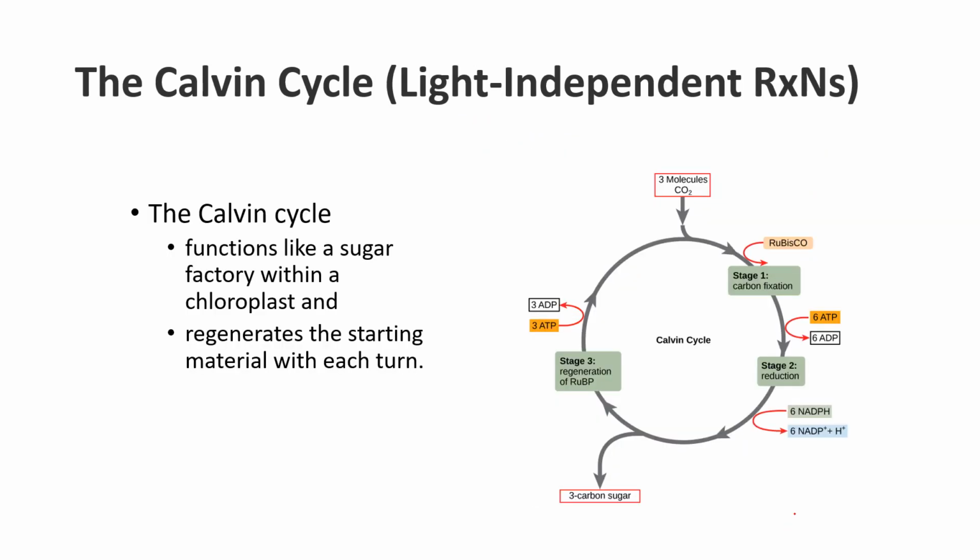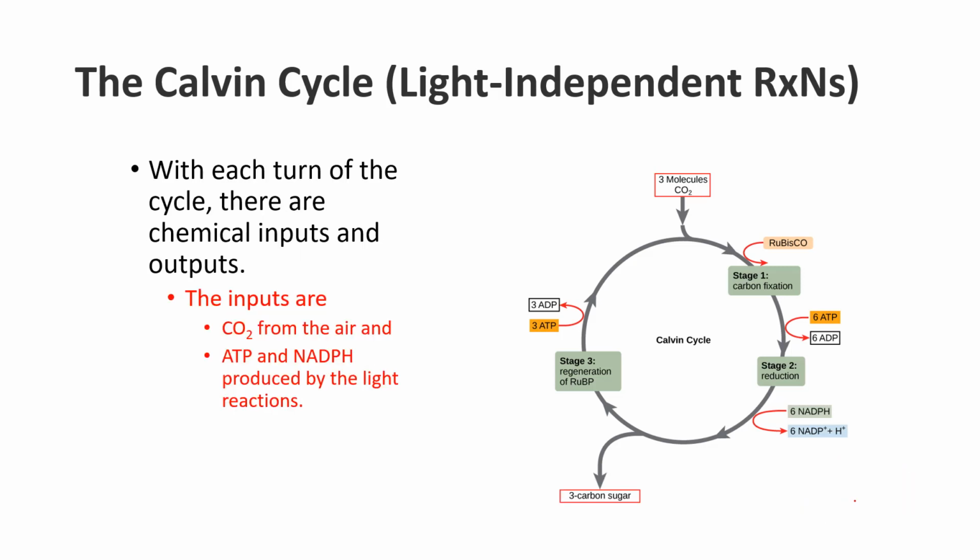The Calvin cycle functions like a sugar factory. Right now, here it says this 3-carbon sugar, this G3P, but remember that G3P is then going to be used to make a variety of organic molecules, but we're going to say the main product here is glucose.